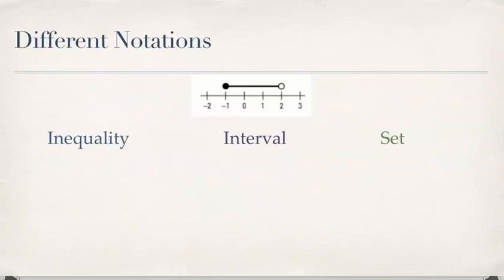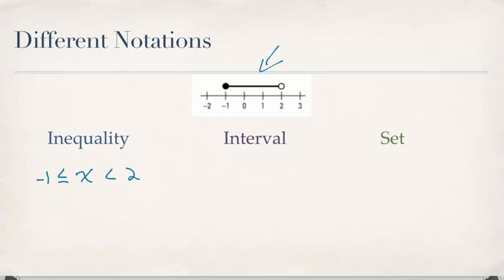So let's look at different ways to write intervals, because that's what this is mostly referring to. So if I have this interval right here where I'm trying to represent this line that's shown on this number line, in Algebra 1 you would use an inequality and you would say x is greater than or equal to -1 and less than 2.